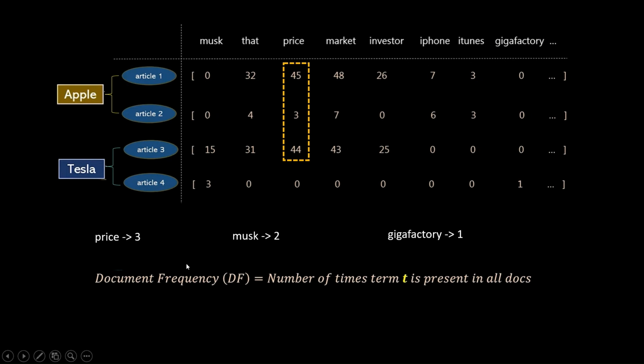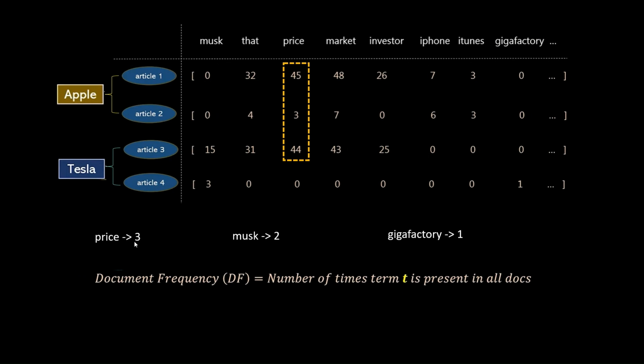What we want is this. This is called the document frequency of the term or the word. The meaning is the number of documents in which that particular word or term is present. If this count is high, we have to lower its influence.